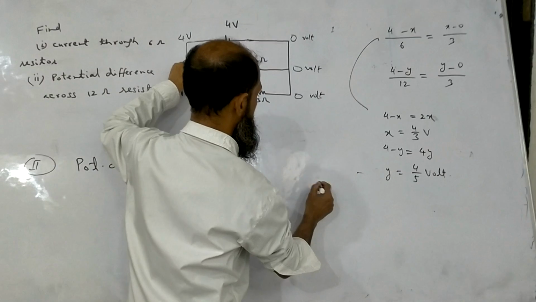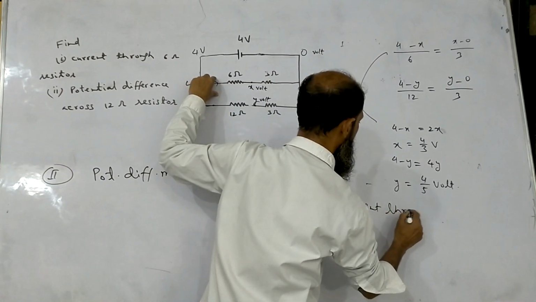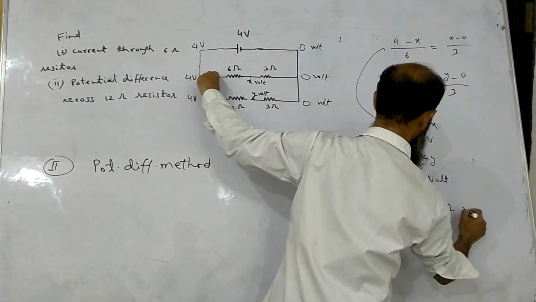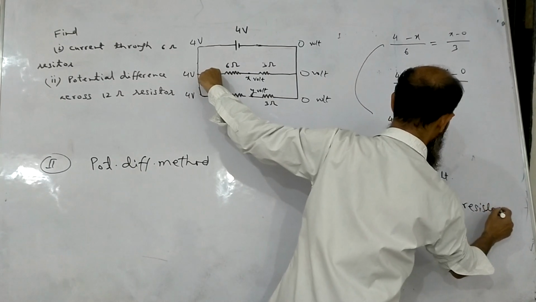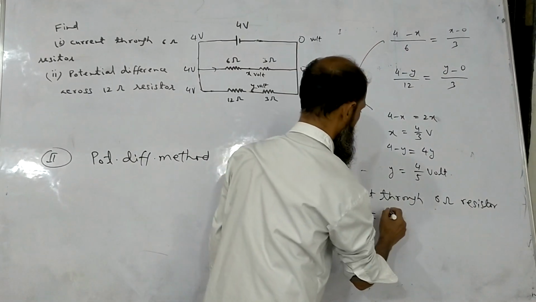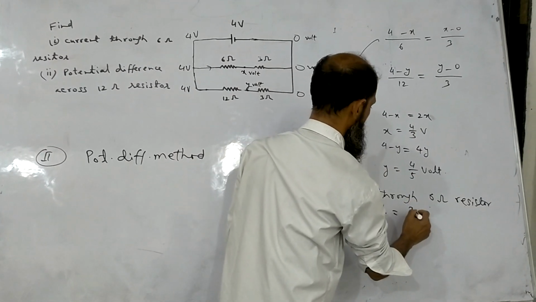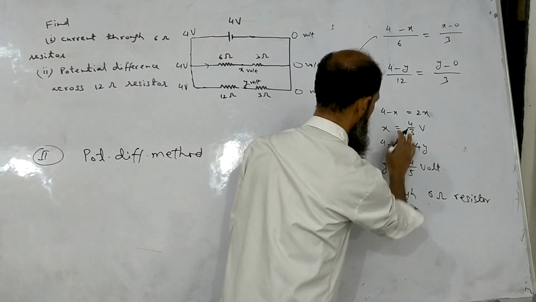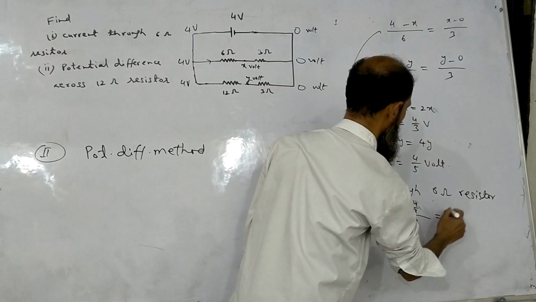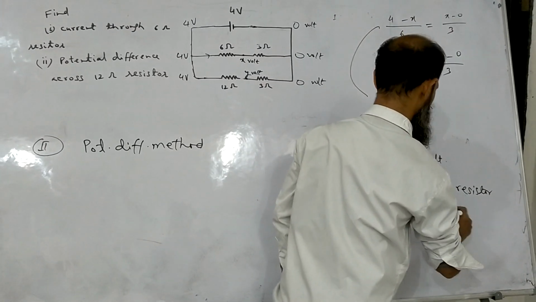So the current through the 6 ohm resistor is equal to x divided by 3, which is 4 by 3 divided by 3, so that is equal to 4 divided by 9 ampere.